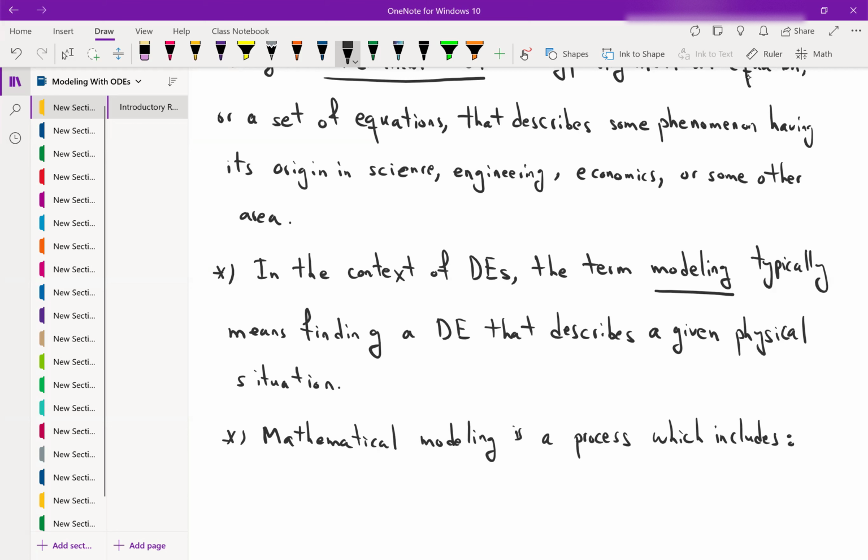Carefully describe the problem that you want to study. Identify the quantities that are of interest to you.